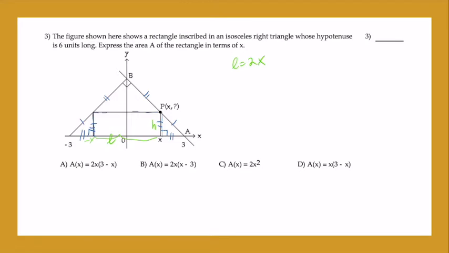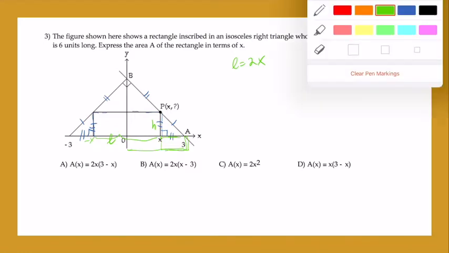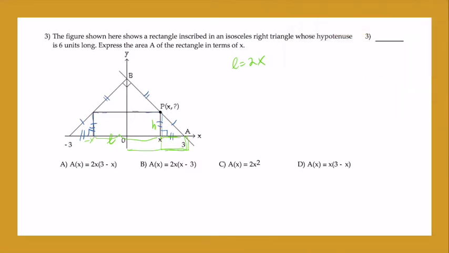It's my height that I'm not sure of. I need to figure out what this is. Well, this is 3 minus x. If I have this whole length, it's 3. This little bit here in orange would be 3 minus x. Now, because this is an isosceles triangle, both of these sides are the same, so my height is also 3 minus x.